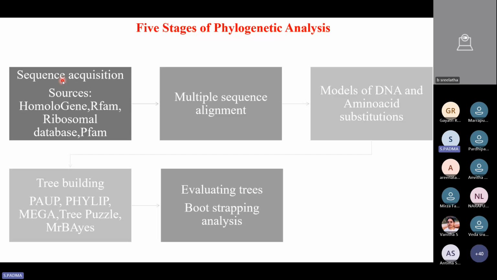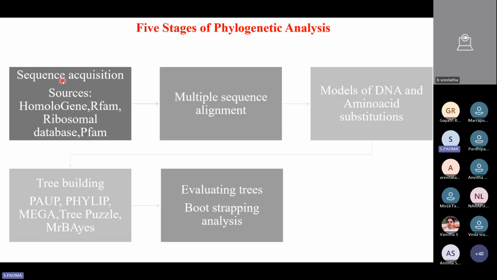Here you can take nucleotide sequences, or you can take RNA sequences, RFAM, or the ribosomal database for ribosome sequences, or you can take the sequences from PFAM. PFAM is the protein family database. So you can do phylogenetic analysis of DNA sequences, RNA sequences, and proteins. Okay, fine.